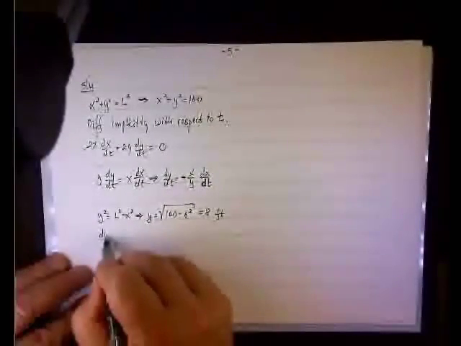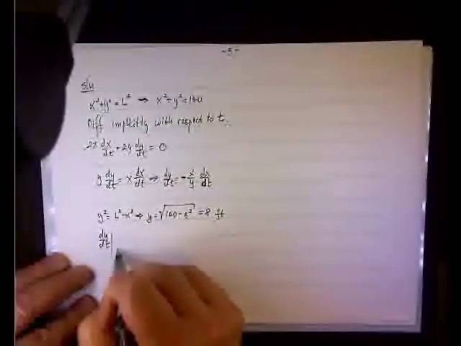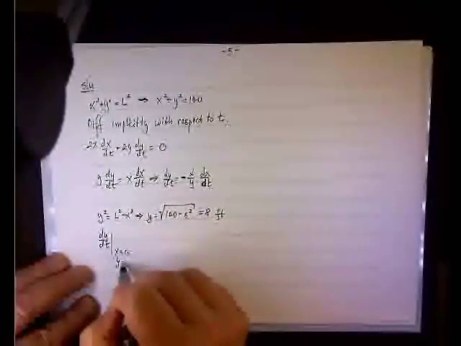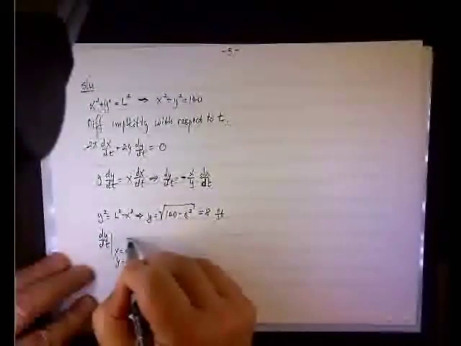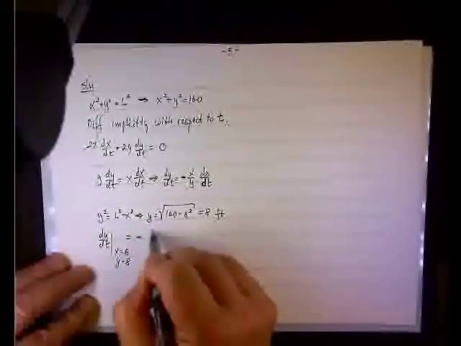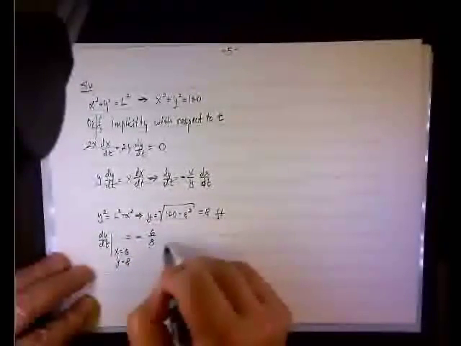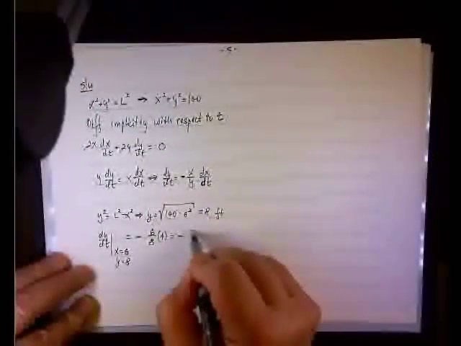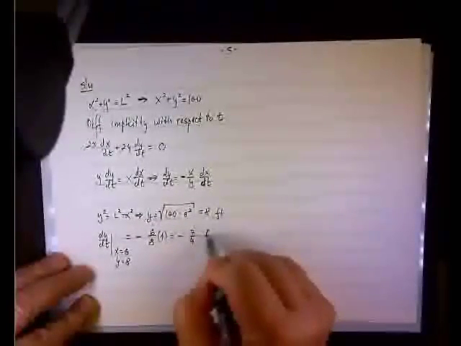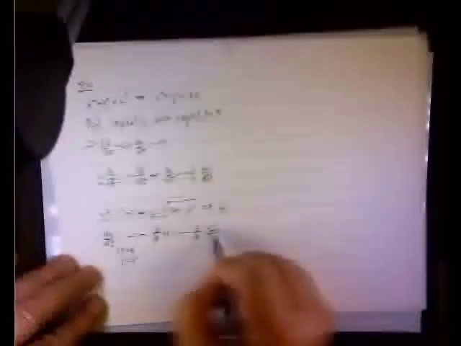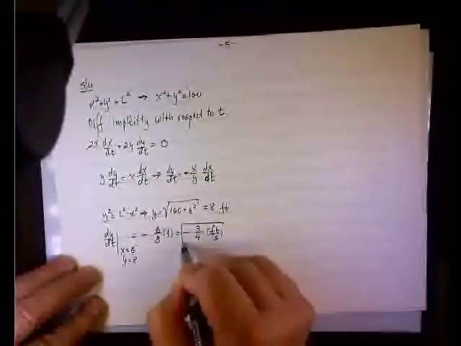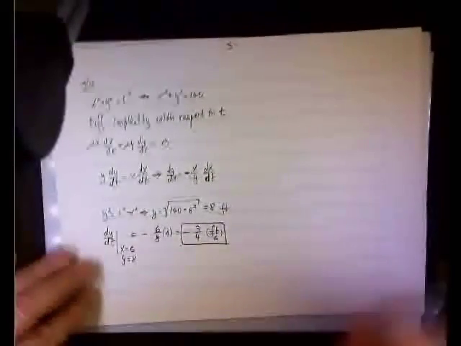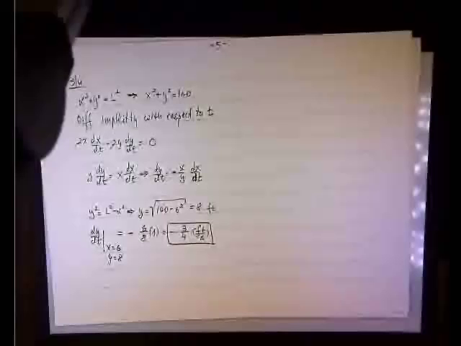You're going to say dy dt when x equals 6 and y equals 8 is equal to negative 6 over 8 times dx dt, which is 1, or negative 3/4 feet per second. And that's it. That's the answer, my friend, and the solution to this problem.